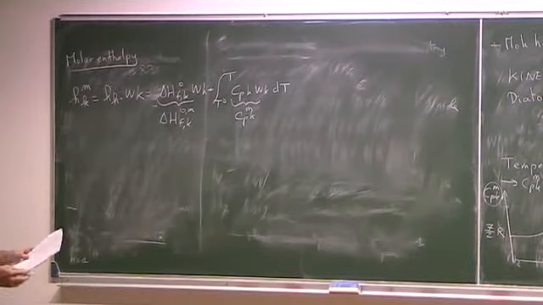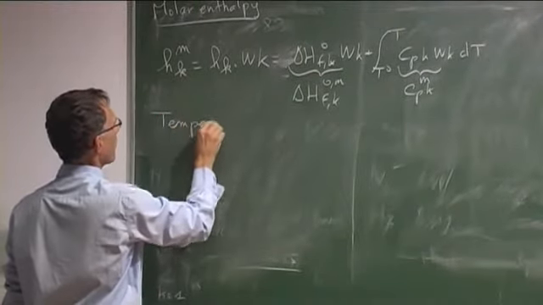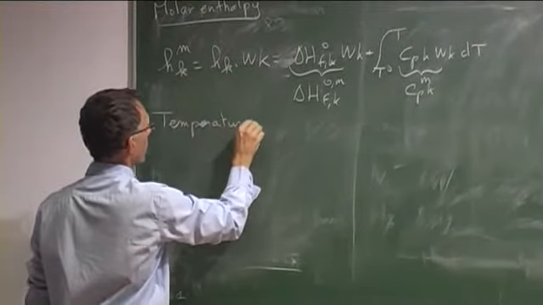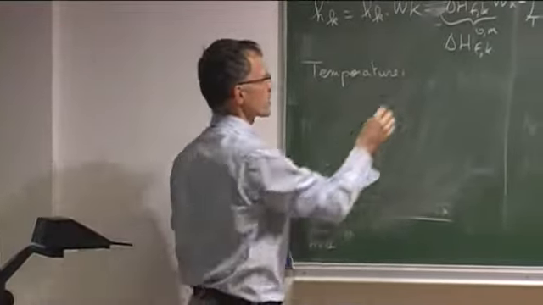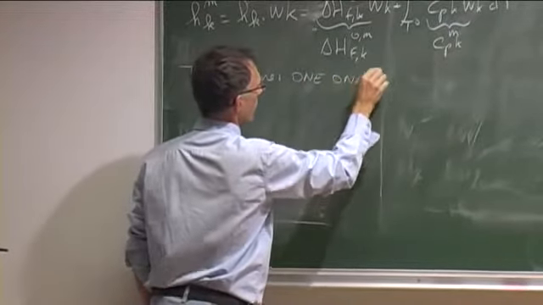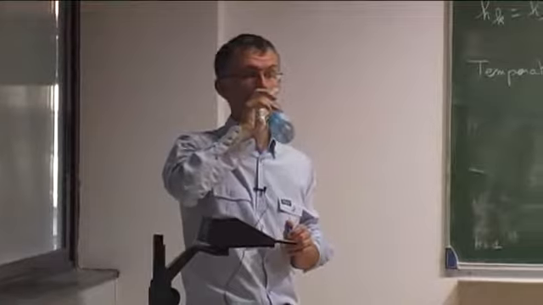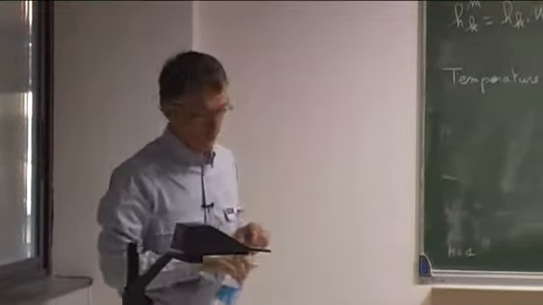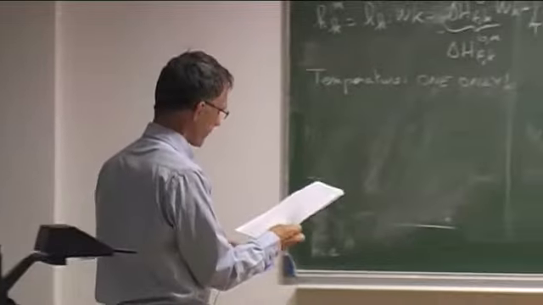Okay, what about temperature? Well, for all we're going to do in this course, there's only one temperature. And it's the same temperature for all the species. This is fortunate. It will not be like this in more complex cases. But for the moment, we need to care only about one temperature.